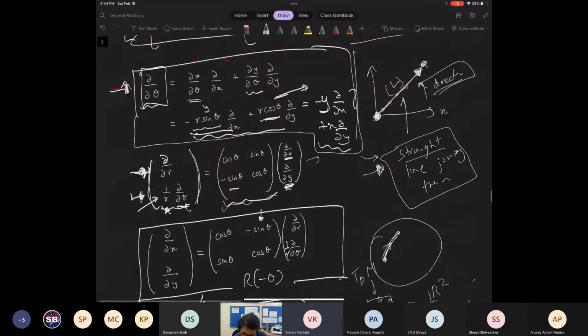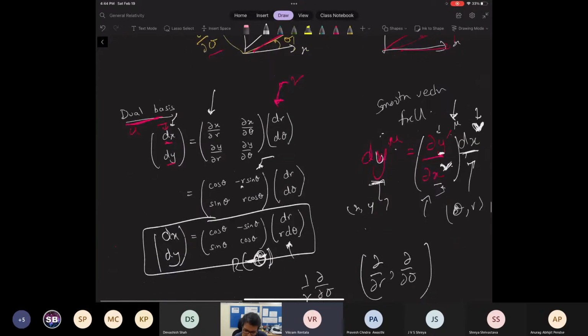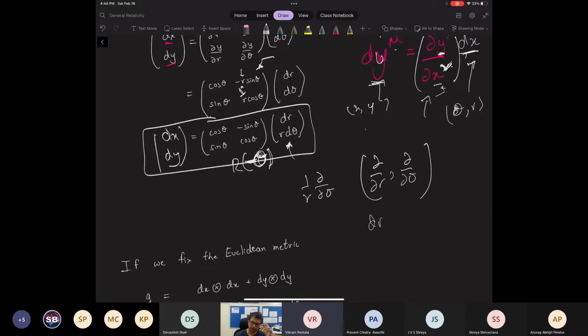If I move this r back, it's minus 1 by r over here. And similarly over here, if I move the r back, then it appears as r rather than 1 by r. So it's not the same transformation matrix, if I'm careful about which basis I'm using, that is, if I use the coordinate basis.